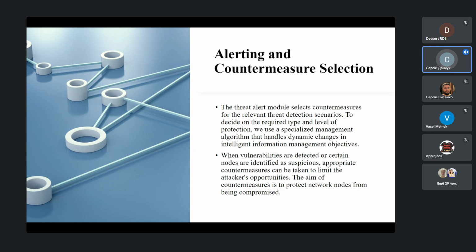Countermeasures can be taken to limit the attacks and their opportunities. The aim of countermeasures is to protect network nodes from being compromised.